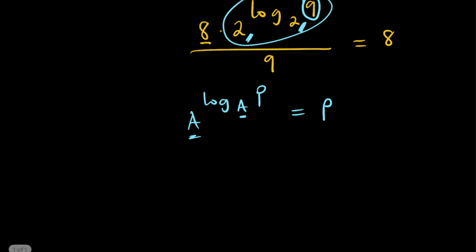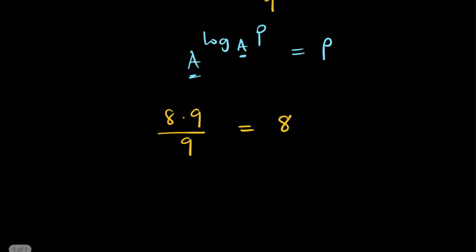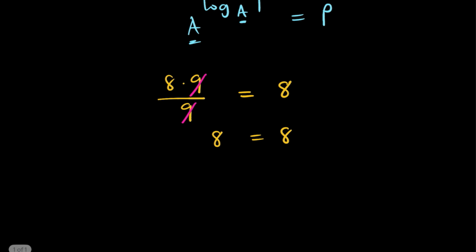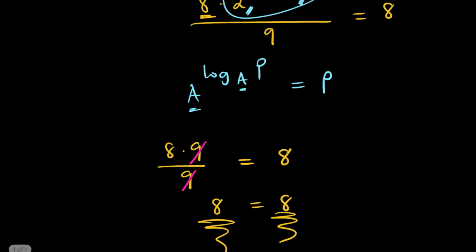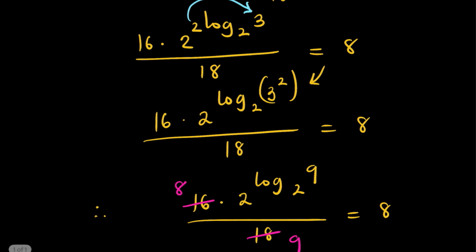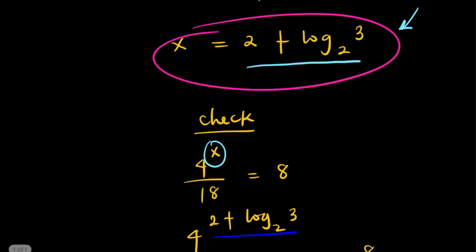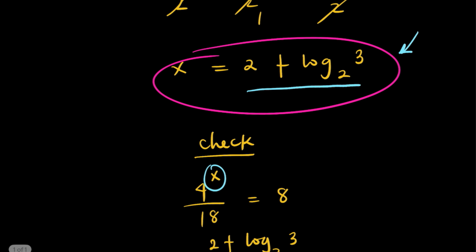Then we have 8 here times 9, then divided by 9 to give us 8. 9 divided by 9 is 1, so we have 8 times 1, which is 8, is equal to 8. As you can see, the left-hand side balances the right-hand side, and that confirms that the solution we got for x is perfectly correct.